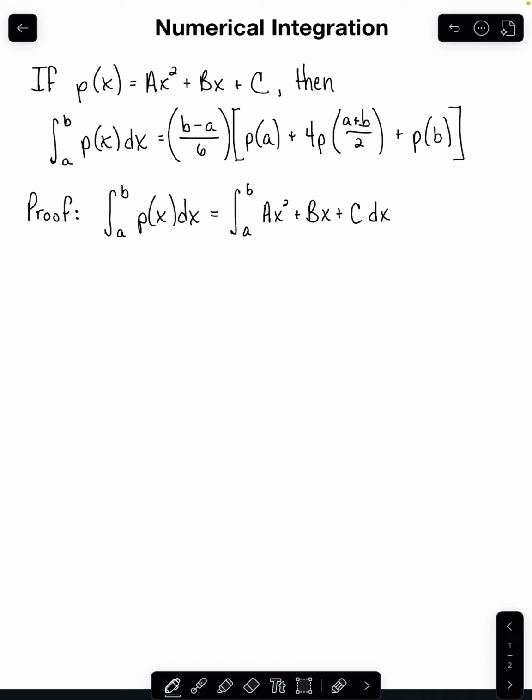And the entire purpose of this algebra is going to be to show that we never actually need to determine the exact values of big A, big B, and big C in order to make this work.